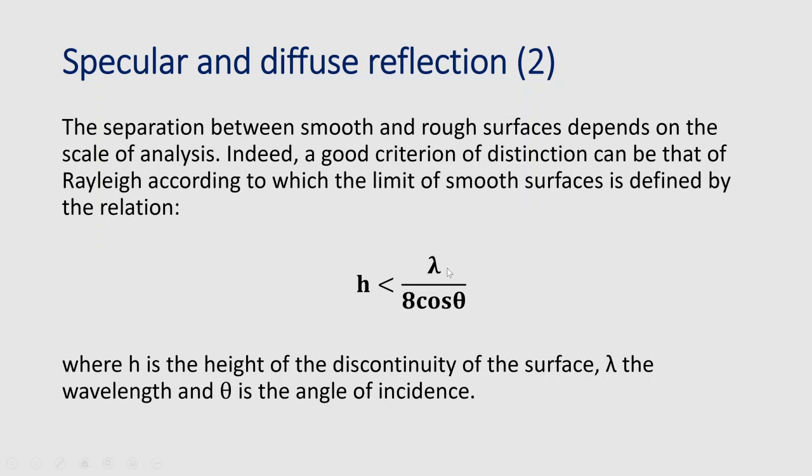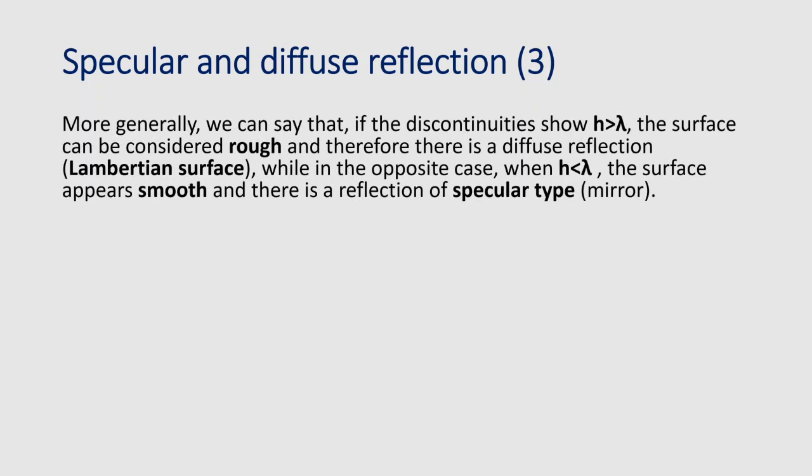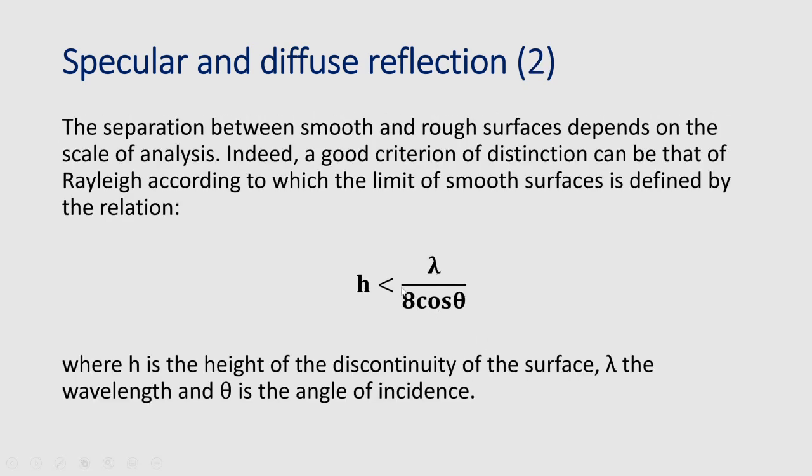What about lambda? Lambda, of course, is the wavelength of the incident electromagnetic energy, and theta is the incident angle. So, let's get back: if this relation is valid, that means that the surface will be smooth, so it will act as a specular surface.